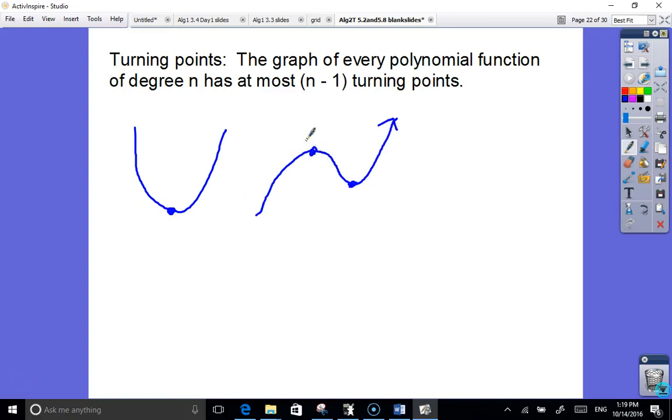Now, the turning points of the graph are at the least what they would call local maximum or local minimum. If you look at the vertex of a parabola, that is the absolute minimum on the graph, right? It doesn't go any lower than that at all. That is an absolute minimum.